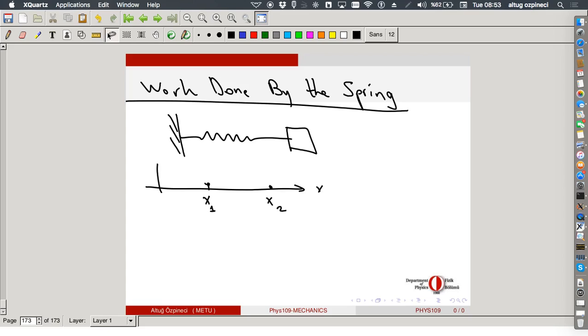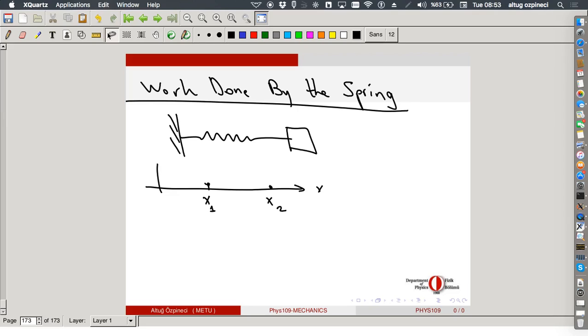Just for simplicity, we just carry the mass straight to point x2. We just hold it and move it towards x2. We don't make fancy motion. We will study what happens if you take your mass back and forth until you reach x2, even going further away than x2 and then coming back. We will study such complicated paths in the next step. First, let's just assume this is x1, this is x2, and we just pull the mass towards x2.